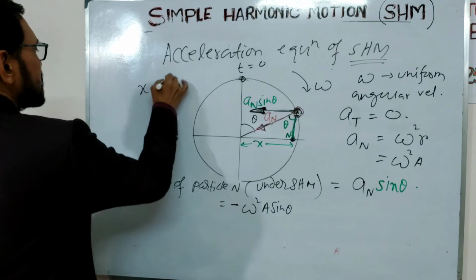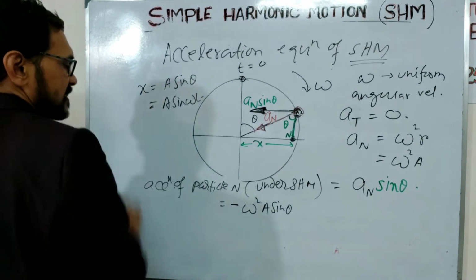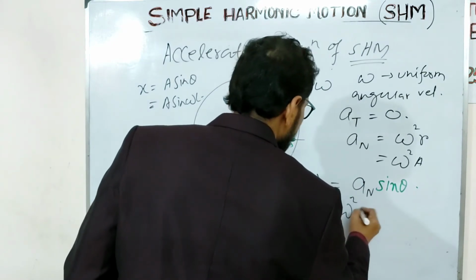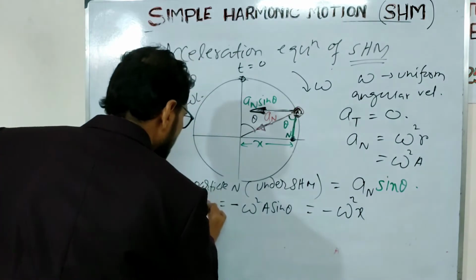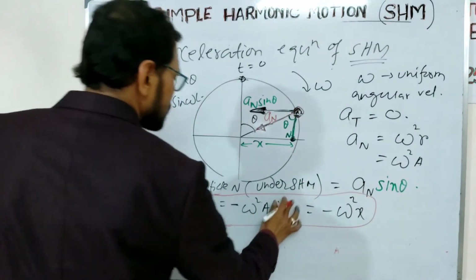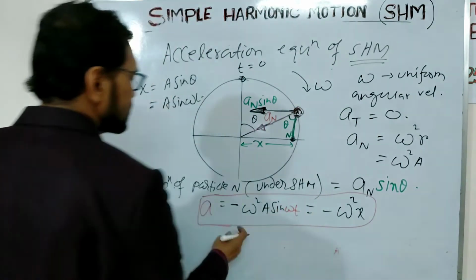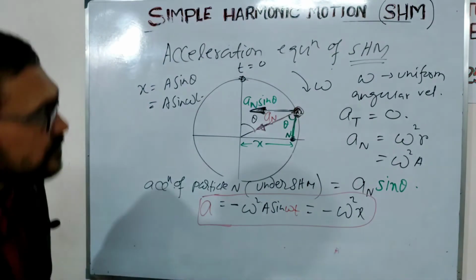We know x equals a sin omega t is the displacement equation, so acceleration is minus omega square x. So this is the formula of acceleration of SHM, in terms of theta or omega t, in terms of time, and in terms of displacement.